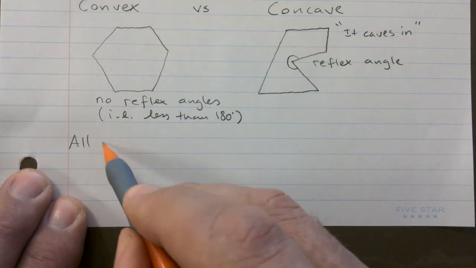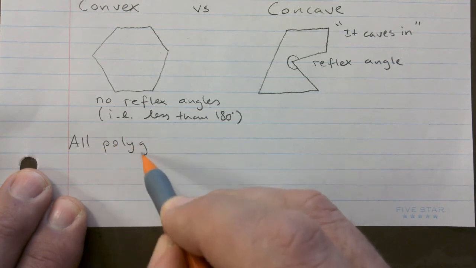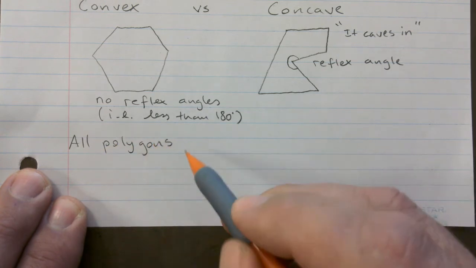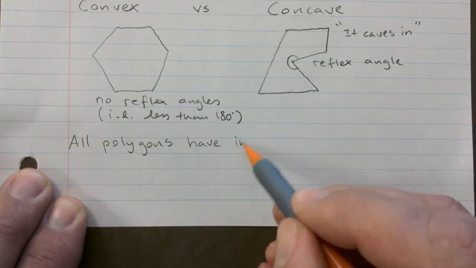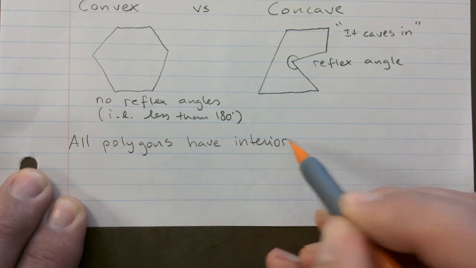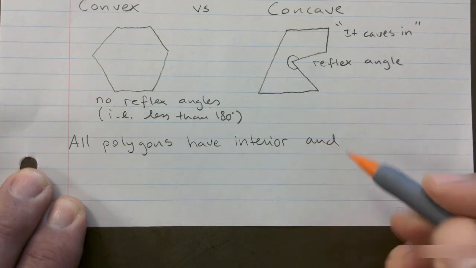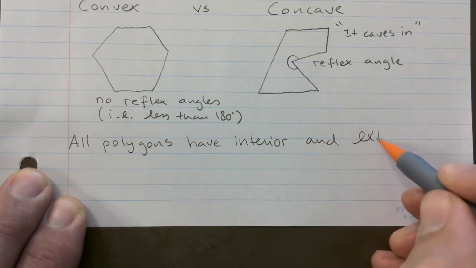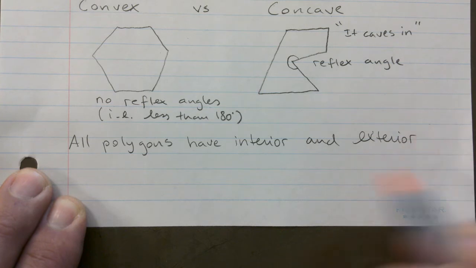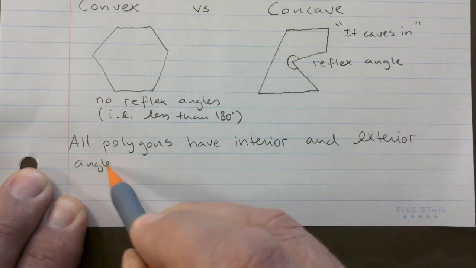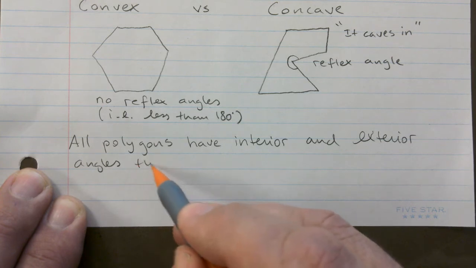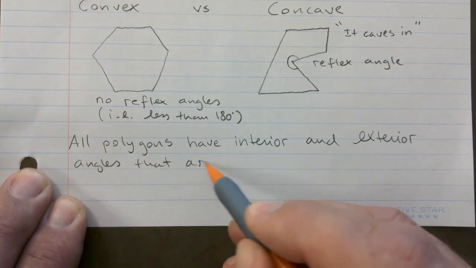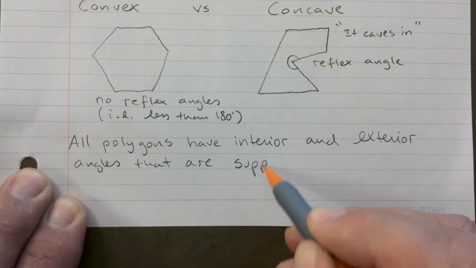All polygons have interior and exterior angles that are supplementary.